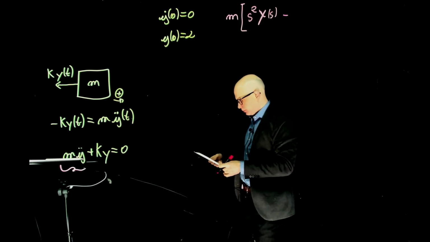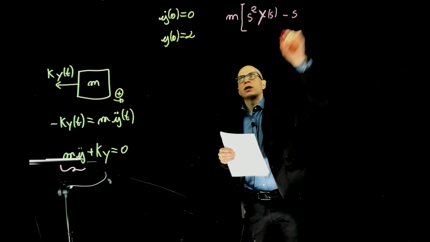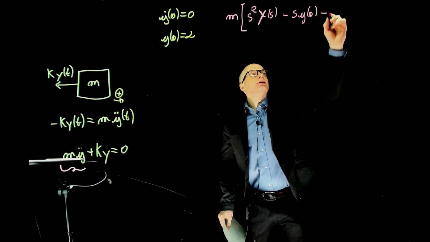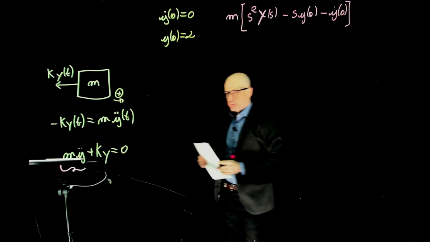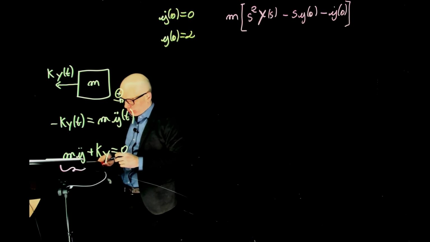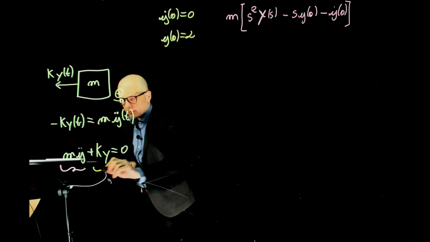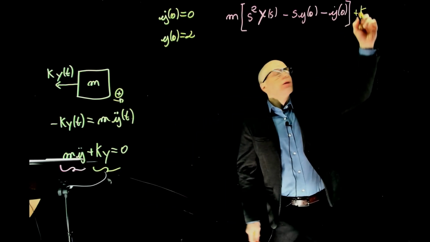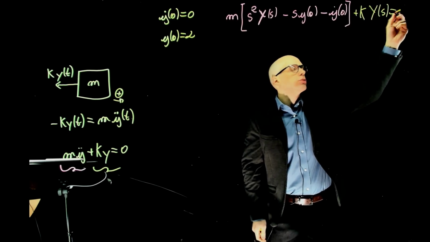Minus, we need here s times y of 0 minus y dot at 0. So that is for this term. Now we have this term here, which is simply k y of t becomes capital Y of s, and this is equal to 0.